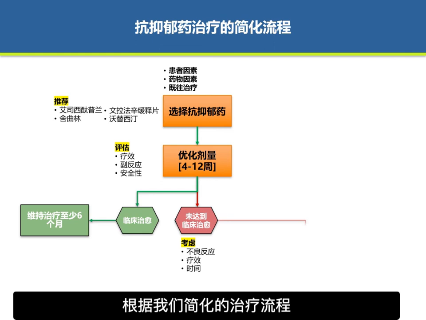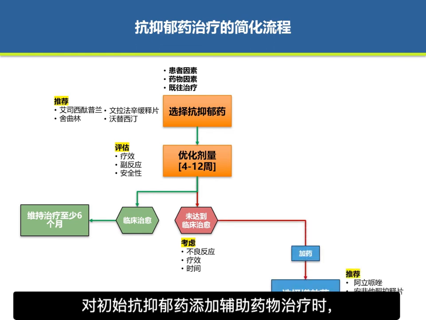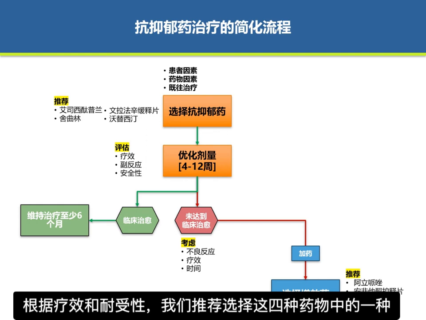So in our simplified algorithm, if you do want to add on an adjunctive medication to the initial antidepressant, then we would recommend one of these 4 medications because of their efficacy and tolerability.